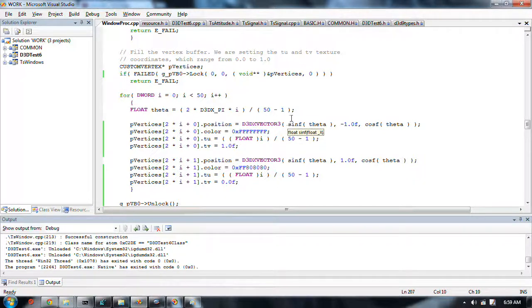So the first position is cos and sine of theta in x and z and y plus or minus 1. Well, the first vertex is at minus 1.